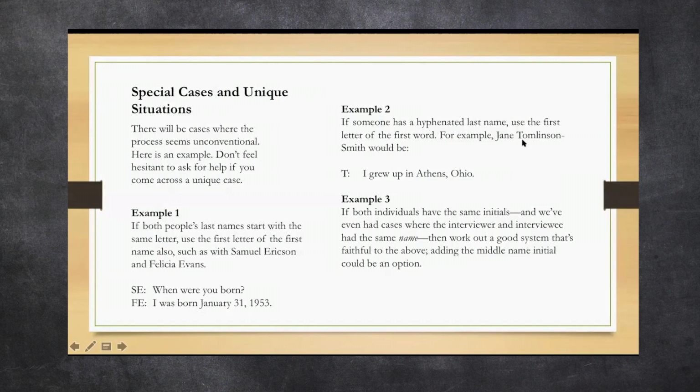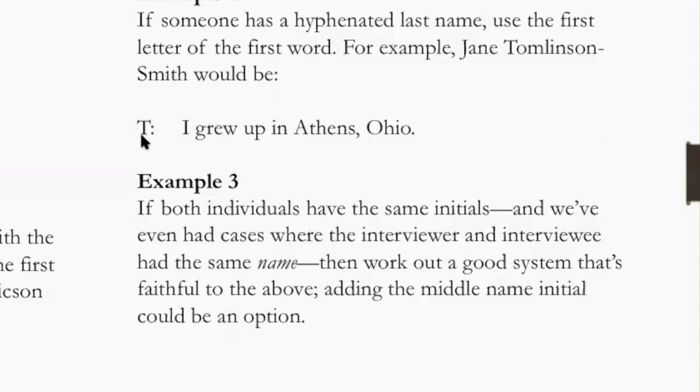For example, Jane Tomlinson Smith would be T. And if both individuals have the same initials, we've had cases where the interviewees were related, or the interviewer was interviewing one of their family members and they have the same name, then it's up to your discretion as to how to differentiate.